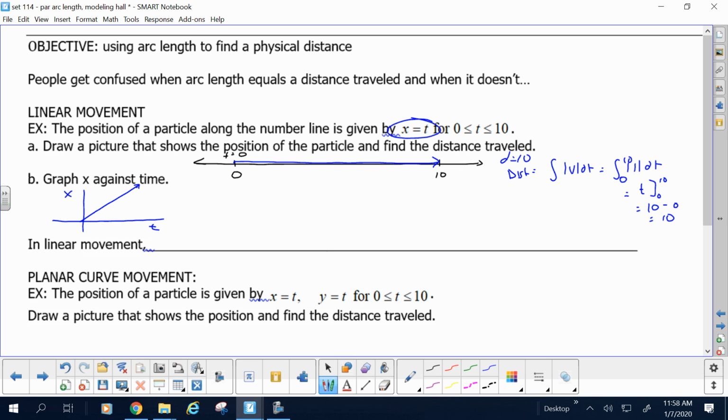No. That's not the actual path it traveled, you agree? Because that's a two-dimensional graph, and we know it traveled in a one-dimensional way. So you need to write to yourself that the graph, and therefore the arc length, is not the path and the distance.